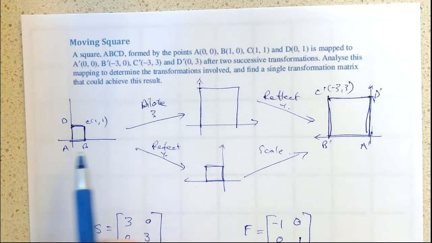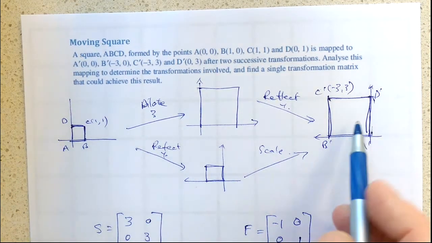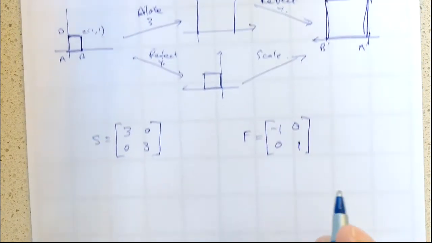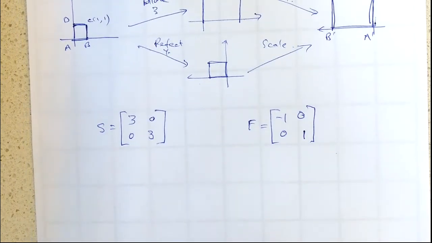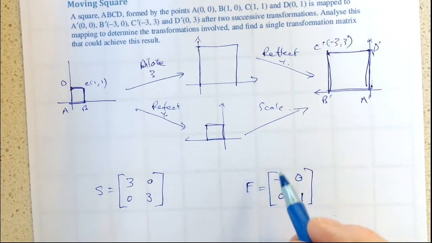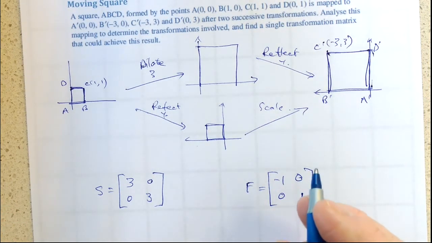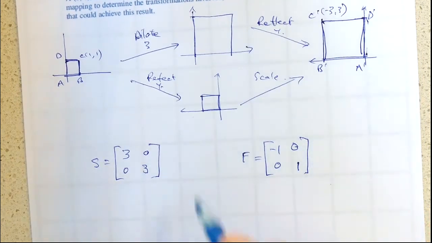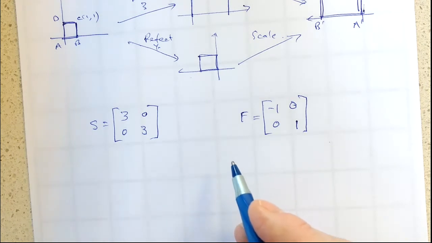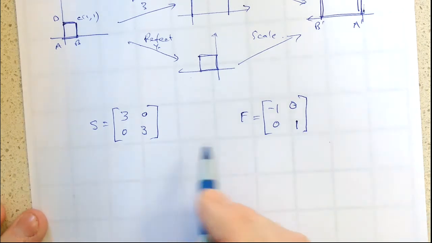If they were doing that, they could easily go from the first square to the image directly, but they wouldn't be demonstrating their understanding of the mathematical modeling here, merely demonstrating their knowledge and procedures. So we'll follow the A student path through where they've broken these down into individual transformation matrices.